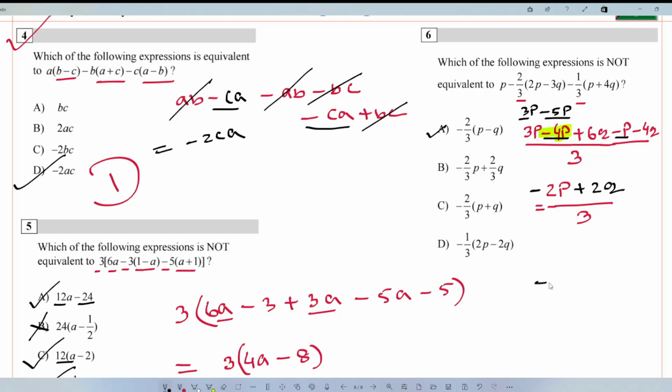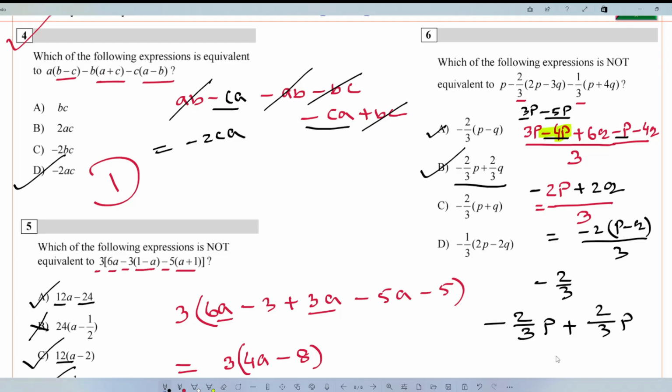So number a is okay. How? Because minus 2 divided by 3, once we take common, here it will become minus 2 and p minus q divided by 3. So number a is okay. Again, if we separate both fractions, this one is also okay. How? Minus 2 divided by 3p plus 2 divided by 3q, once we take minus 2 by 3 common, it will become p minus q, right?